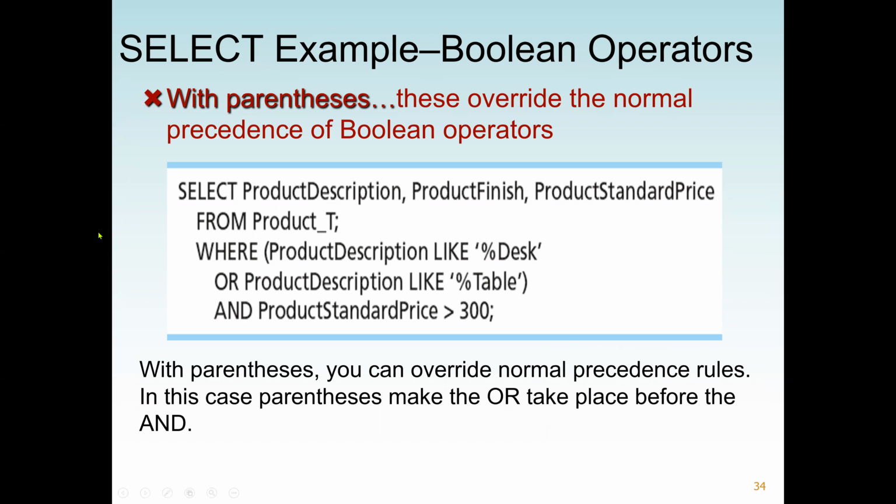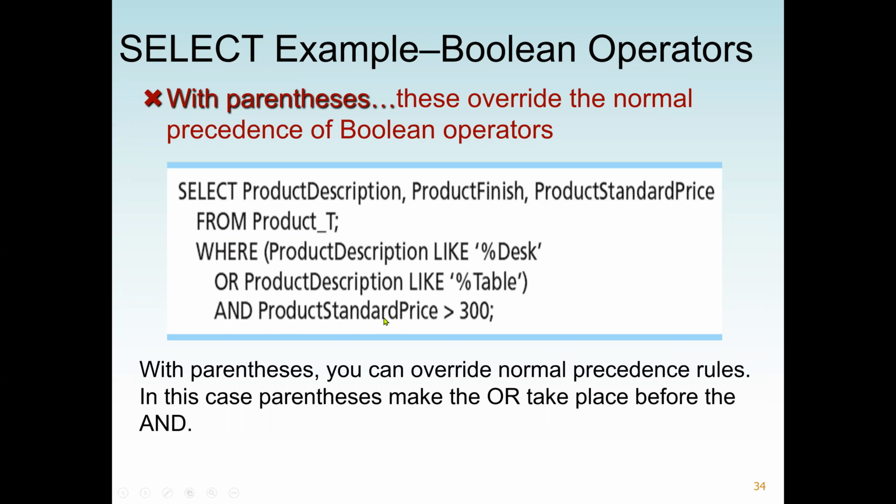This is the previous example slide. We can select the 3 columns from the table named product T, where the product description is like %desk or the product description is like %table. So this means only one of these conditions has to be true, either the product description is table or desk.